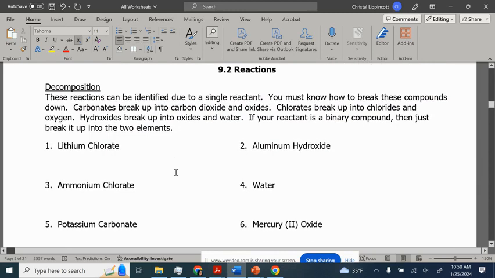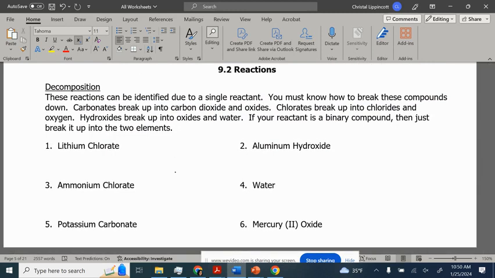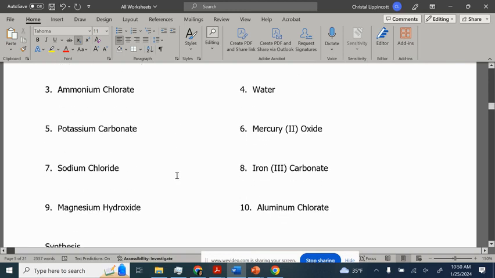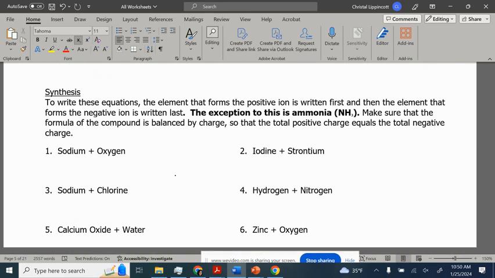So we are going to be dealing first with decomposition reactions. Okay. So these decomposition reactions can be easily identified because you only have one thing here. There's no plus sign here, as opposed to down here in the synthesis where you've got a plus sign.